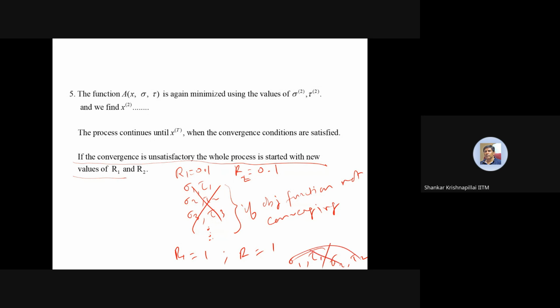So if still that does not converge, you put R1 equal to 10, R2 equal to 10, then try various values of sigma 1 tau 1, sigma 2 tau 2, sigma 3 tau 3, etc. And at one value of R, say 100 or 1000 or something, the whole thing will converge and you can stop the iteration.